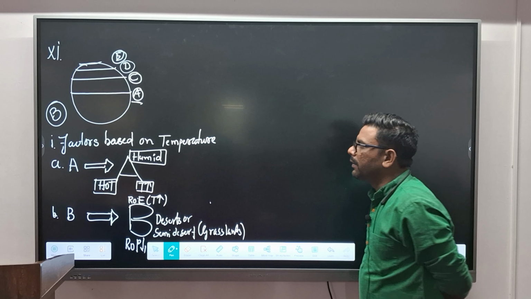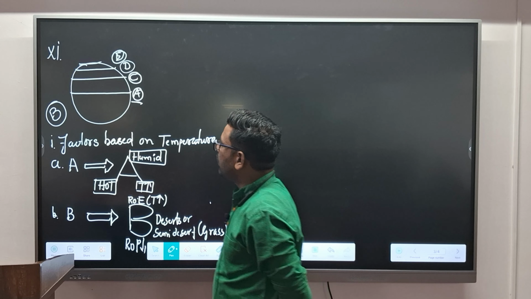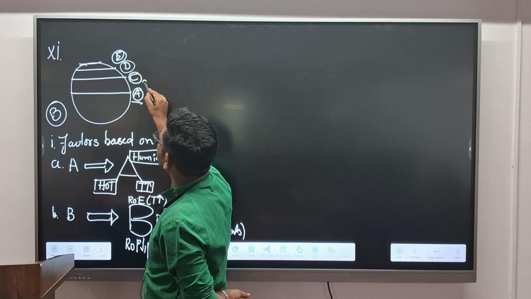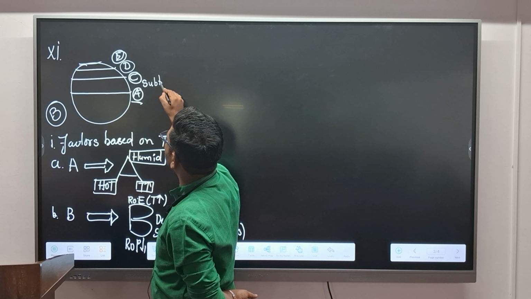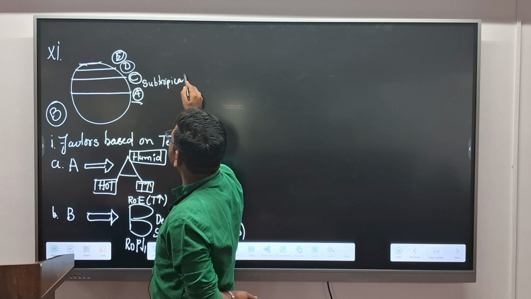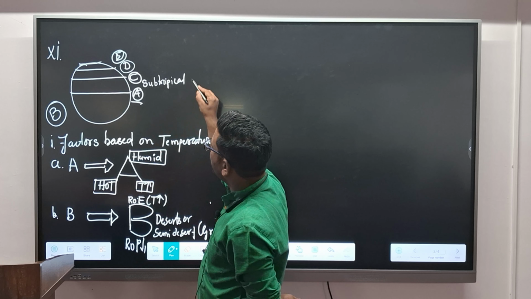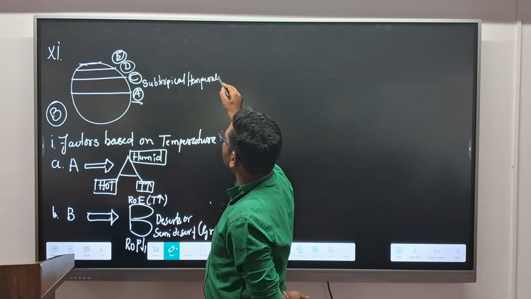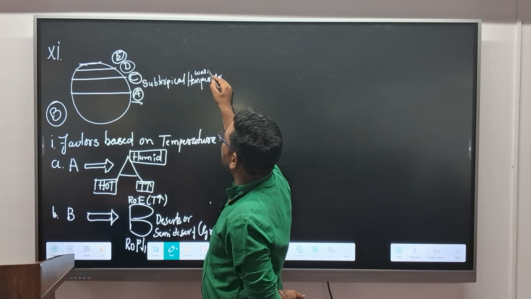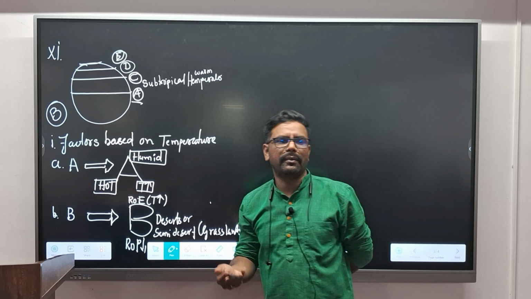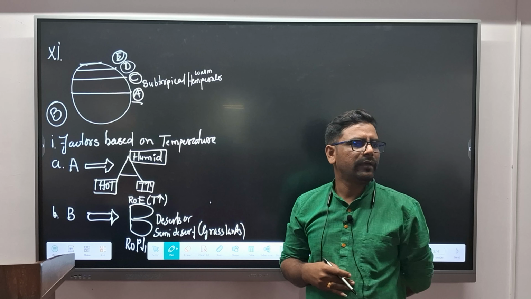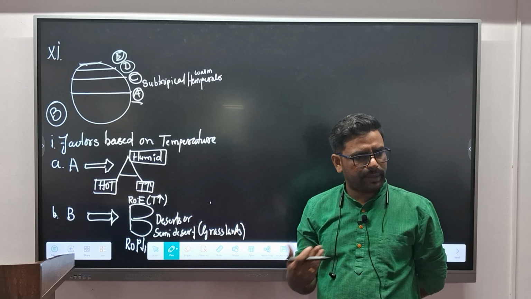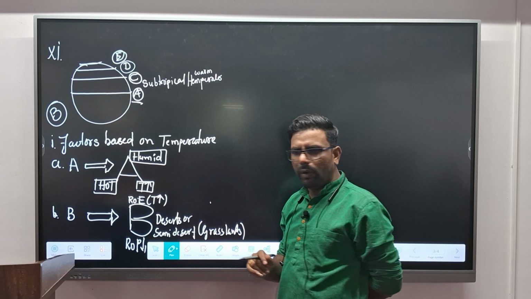Next, now tell me, C would be, can I write subtropical directly? I am writing subtropical, or I can say temperate. Warm temperate, simply we can say. Relatively warmer area. It is temperate, but relatively warmer.